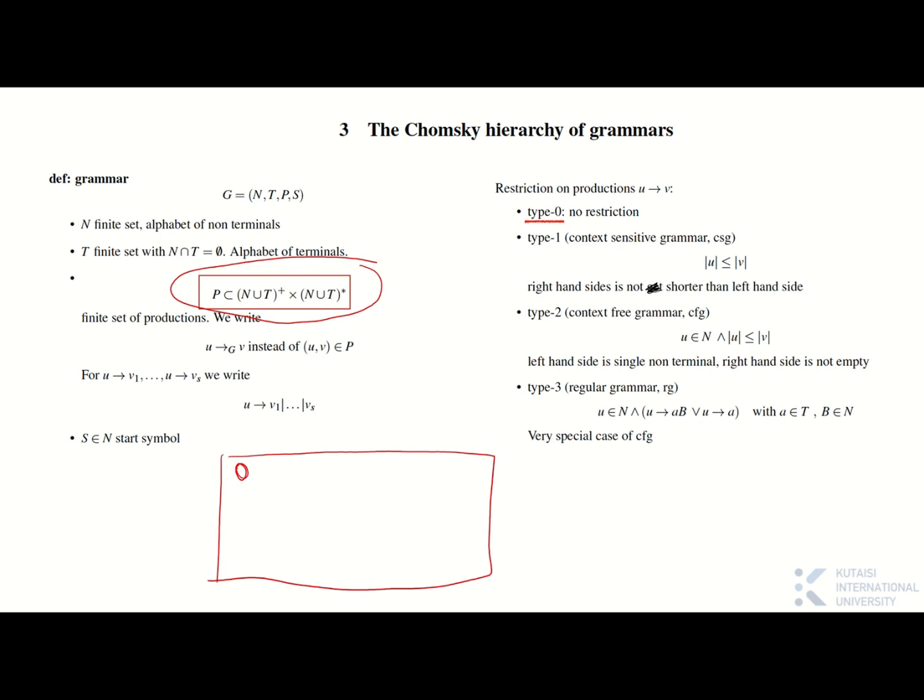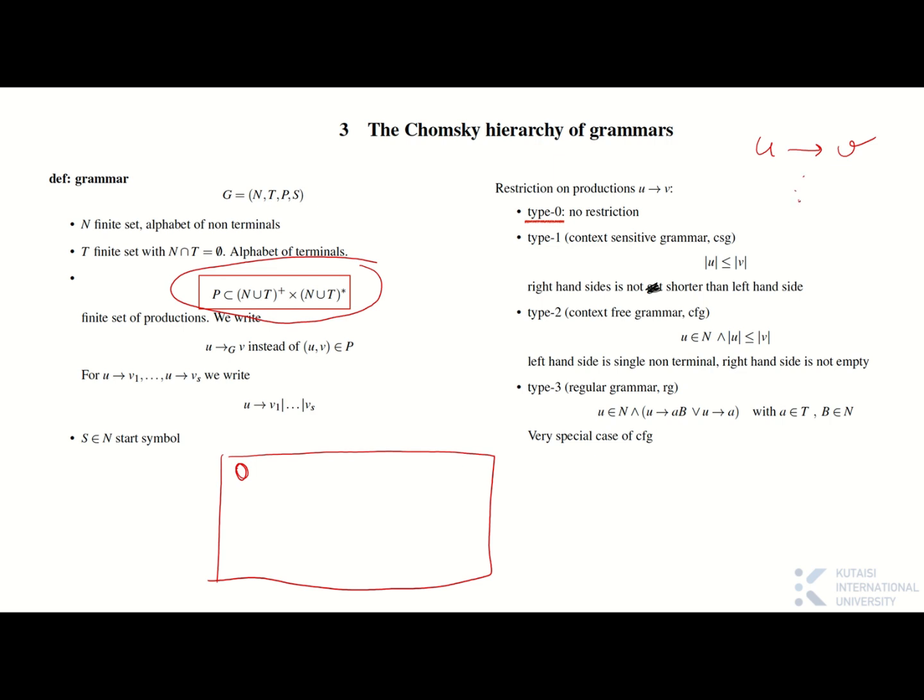Okay, when do you say that your grammar is type 1? They also call it context-sensitive grammar. Well, not language, but grammar. A type 1 grammar is a so-called CSG, context-sensitive grammar. Your grammar has production rules like this: u derives v.